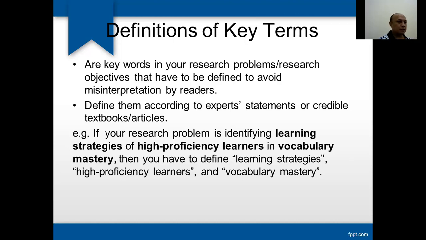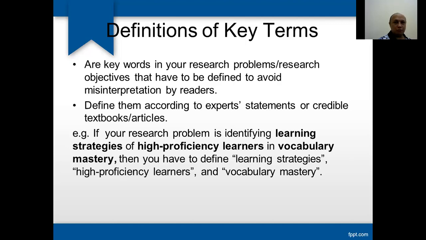So for example, if your research problem is like this, identifying learning strategies of high proficiency learners in vocabulary mastery. Look at the highlighted words here, highlighted keywords: learning strategies, high proficiency learners, and vocabulary mastery.